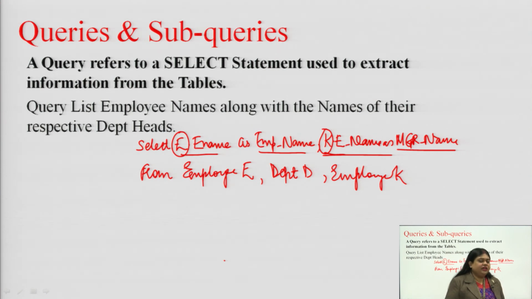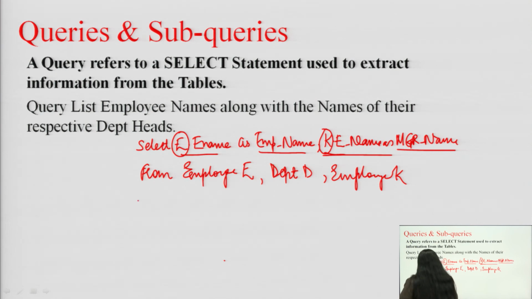Because we need the employee data from the employee table and the manager data also from the employee table. So, we are extracting two different types of information from the same table, that is why we are renaming it by two terms, right.